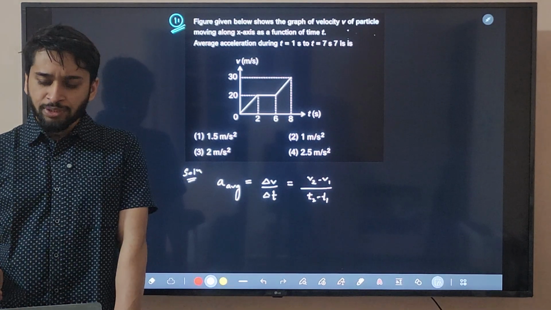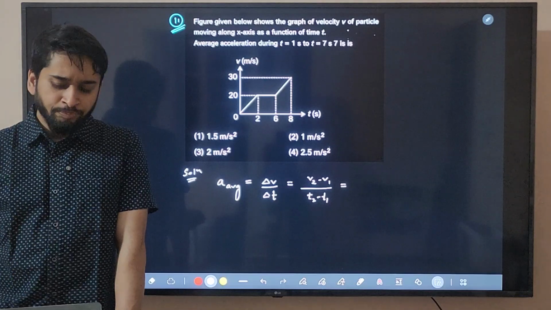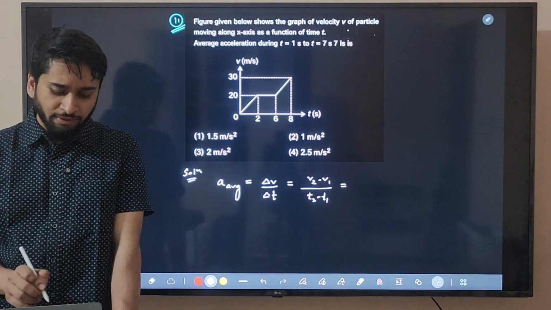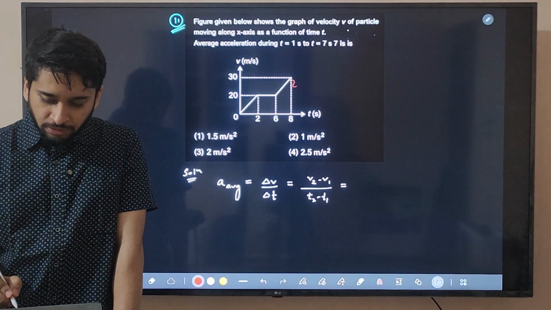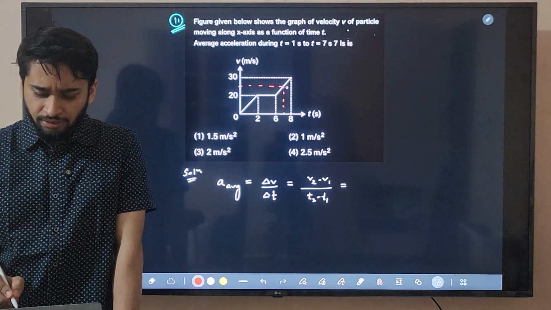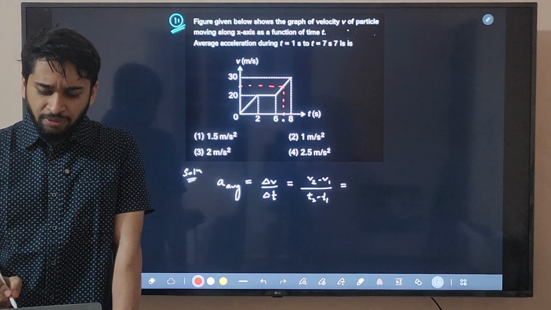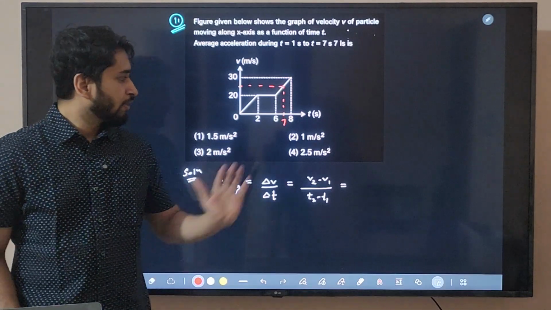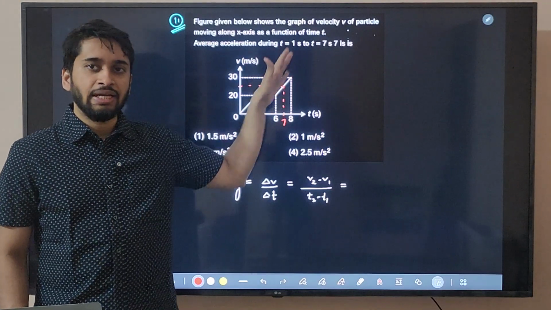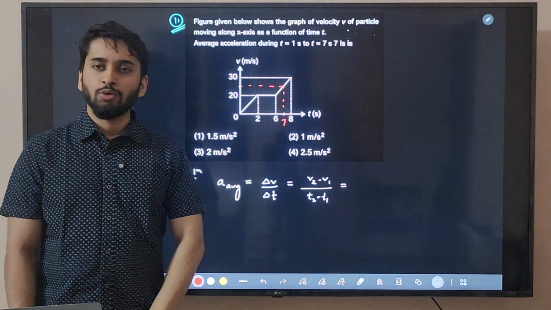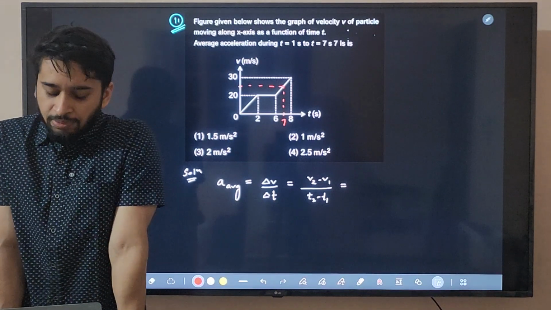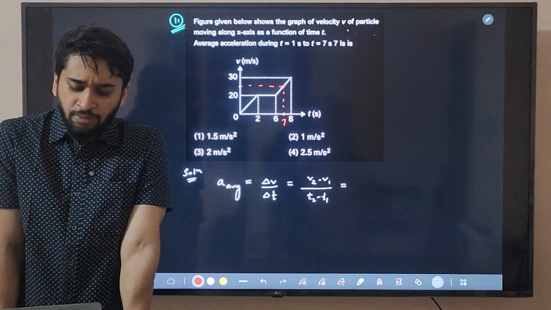Now what is v2 here? Final velocity. So we need the velocity at 7 seconds. How can we figure that out? We can apply the midpoint here. You can see that 7 is the midpoint between 6 and 8, right? So if the x coordinate is the midpoint, then the y coordinate will also be the midpoint, since it is a straight line and the slope will be the same.